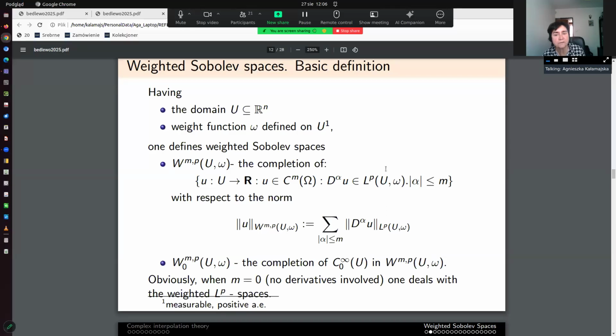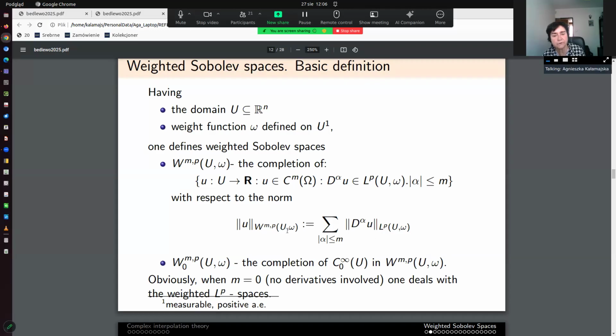That is, the integral of |D^alpha u|^p times omega dx is finite. So all the derivatives up to order m are L^p integrable with respect to the measure omega dx. And then I sum up all those L^p norms.